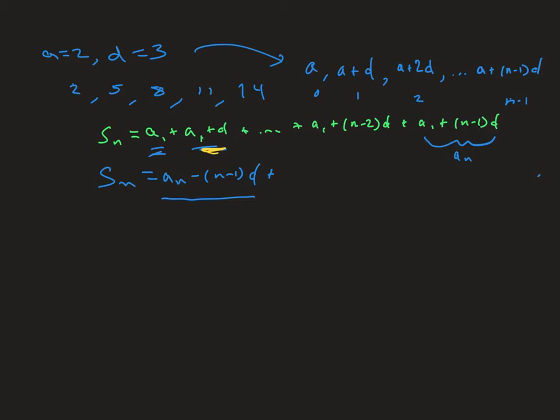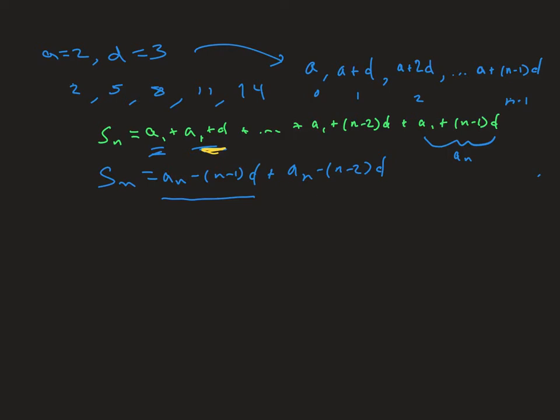Well, it's a little confusing because we're subtracting d's here. So how do we add a d when we're subtracting d's? Well, we can think of it as if we're subtracting n minus 1 d's, in order to make that 1 d bigger, we're just going to subtract 1 less d. So essentially what it's going to be is a sub n minus n minus 2 times d.